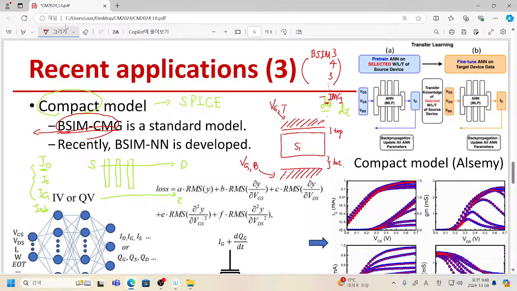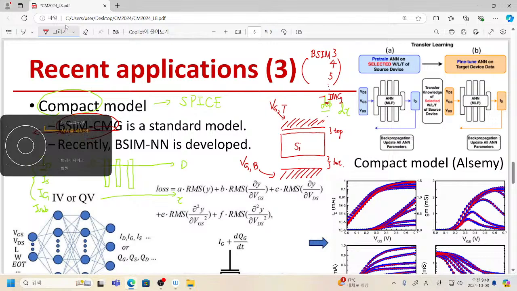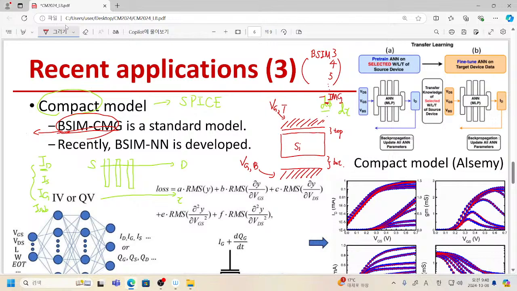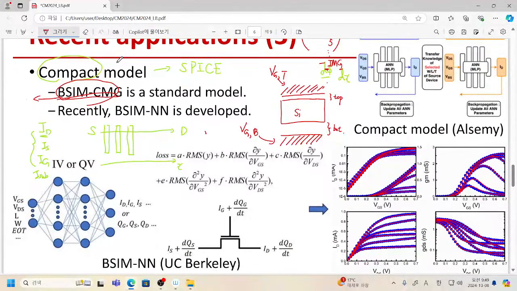We wanted to make it even faster. So that's the reason why sometimes people try to develop such a thing called neural network compact model. Also in this CISPAD, this year's CISPAD, the BSIM group themselves presented their own version, BSIM neural network.